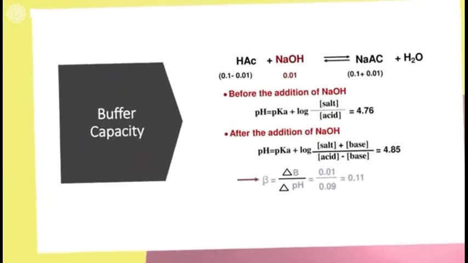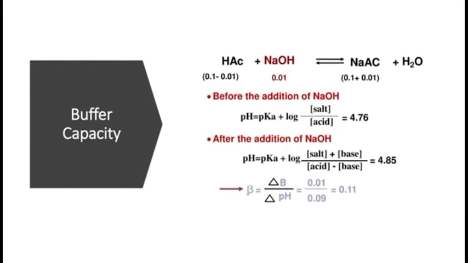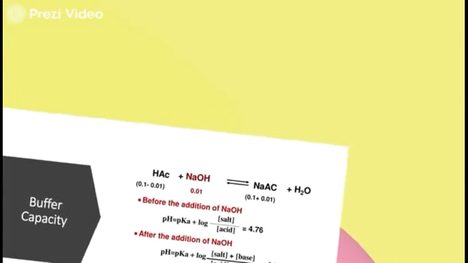Next, we see the buffer capacity. A buffer resists the change of pH of a solution upon the addition of a strong acid or a strong base or other agents that tend to alter the hydrogen ion concentration.